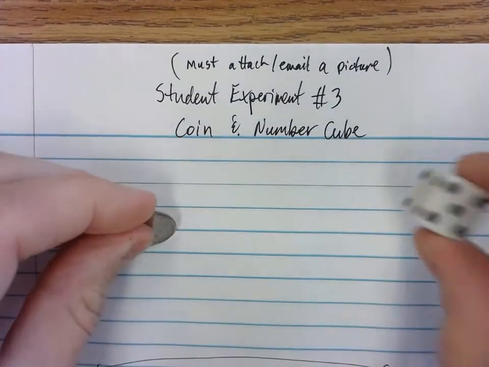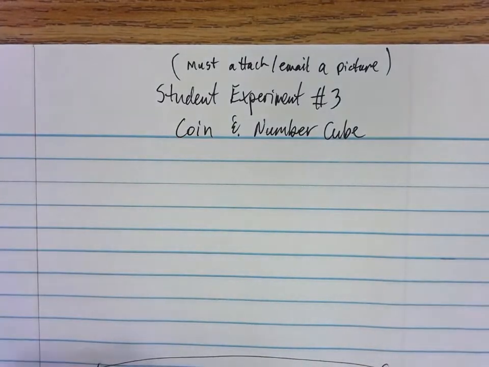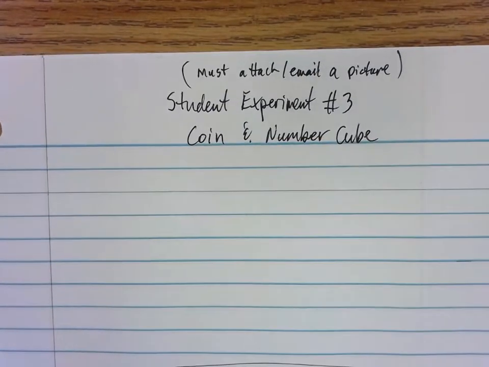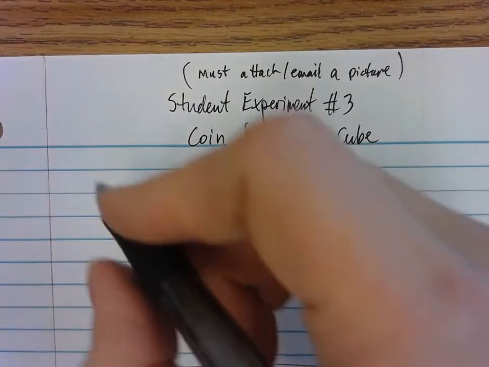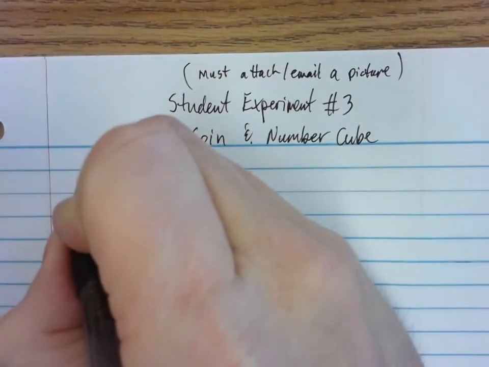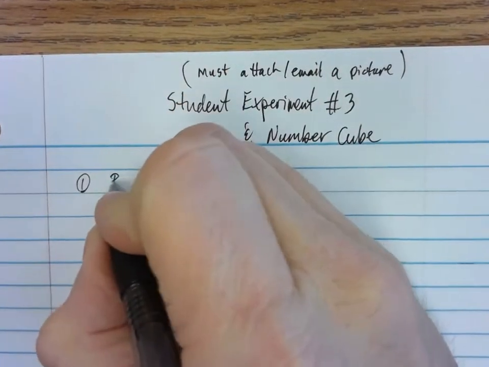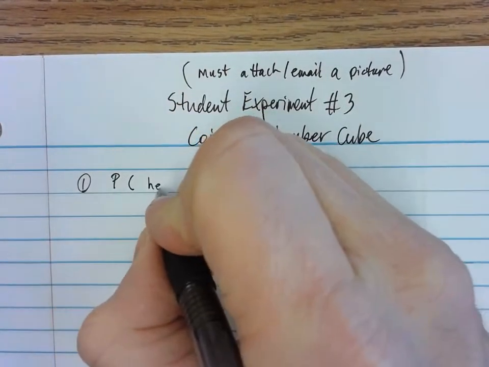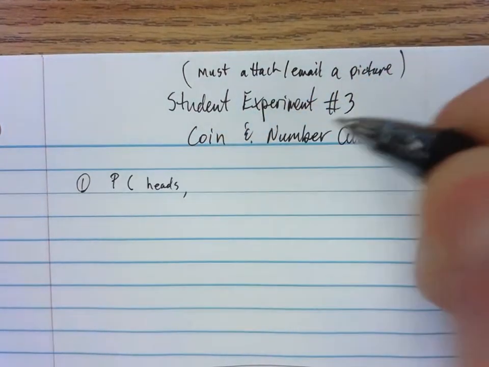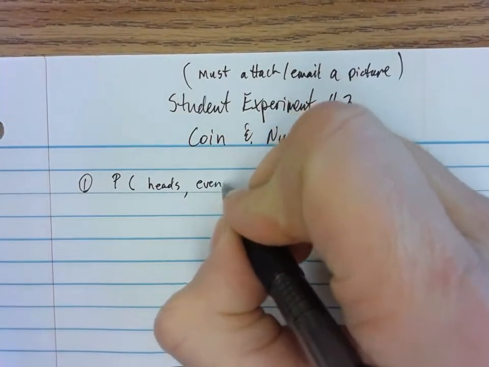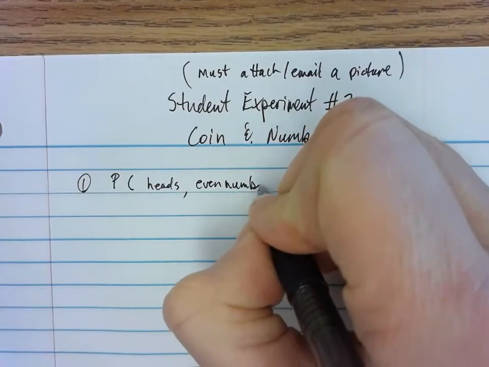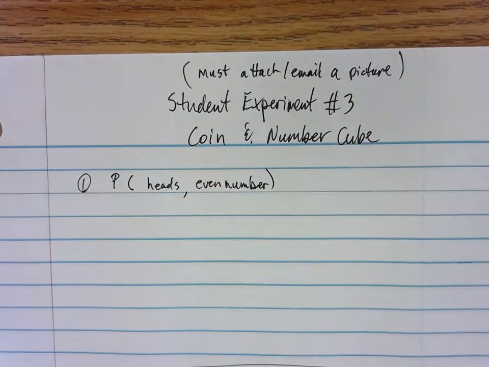Let's talk a little bit about, again, this is trying to review some stuff before we get ready for the test. Theoretically, the theoretical probability of flipping heads and getting an even number. This is theoretical now, right?